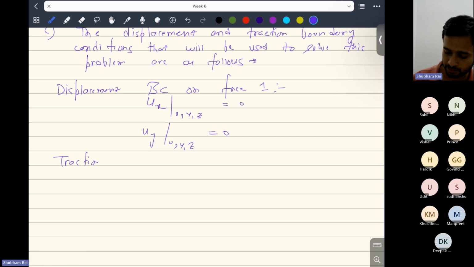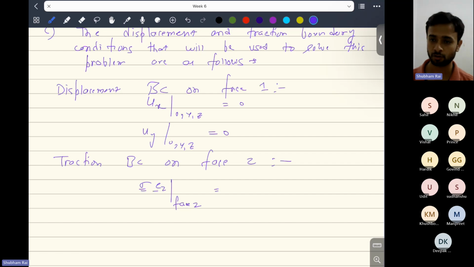And since face two is traction free, the traction boundary condition on face two, which has a normal vector E2, is that sigma, the stress tensor at that point, times E2 should be equal to 0. This is nothing but the second column of the stress tensor.